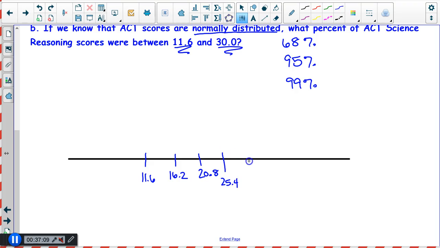If you do it one more time? 30. So look, it's asking me how much of the data is between here and here. 95. You're done. If it didn't work out perfectly, find the z-score, find the probabilities, and then just subtract.